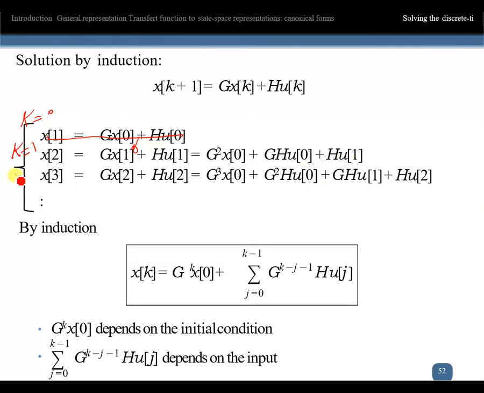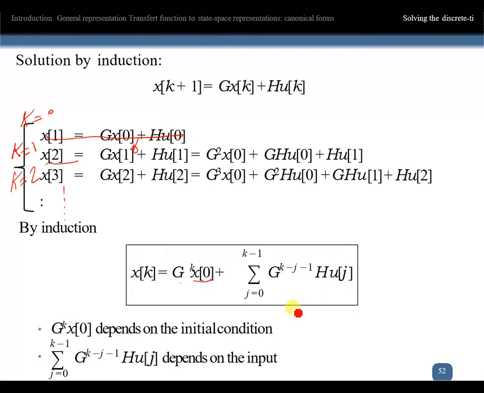If you put k equal to 2 and substitute x2 by the second equation, you will find G cubed x0, G squared Hu0, and so on. If you extend this, you will find x(k) can be found by G^k x0, where x0 is the initial condition, plus the sum from j equal to 0 to k minus 1 of G^(k-j-1) Hu(j).